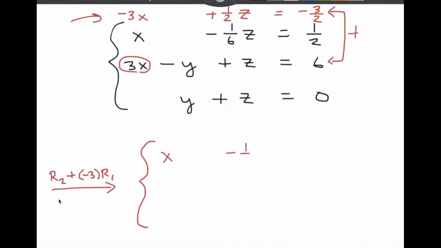X minus 1/6z equals 1/2. But we're going to have a new row 2. And row 2 is going to come from adding these two together. So that's going to go negative 3x plus 3x cancels.